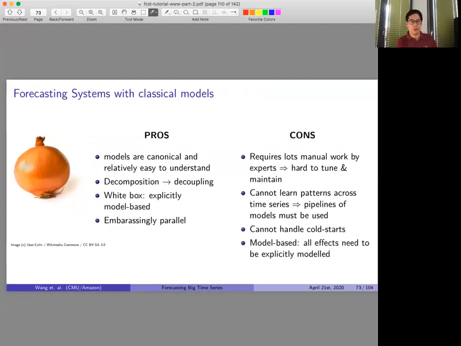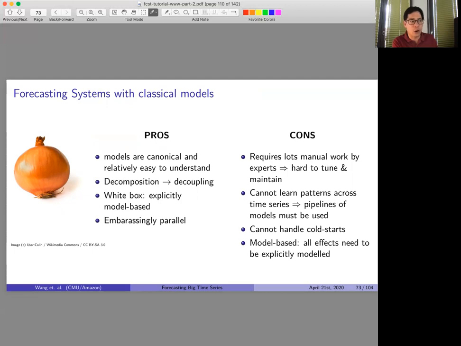Some pros, some advantages and disadvantages of this approach: because we have rather simple models at each layer of the onion, this is relatively easy to understand. We're also using the decomposition principle. So this means that we can decouple quite well.